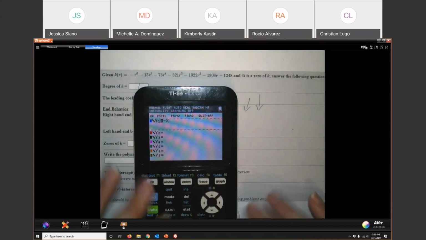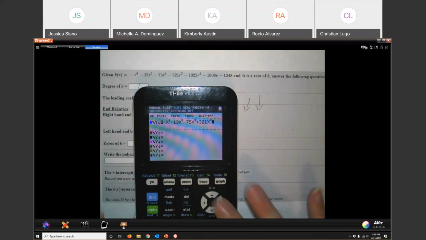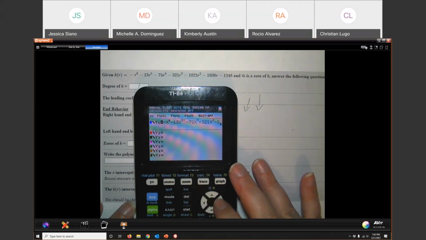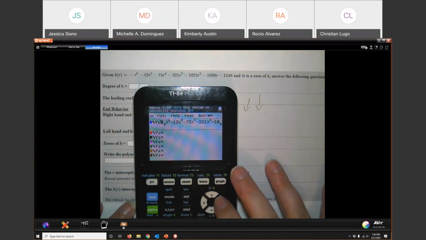Negative x to the 6th, 13x to the 5th, 75x to the 4th, 321x to the 3rd, 1808x, minus 1.